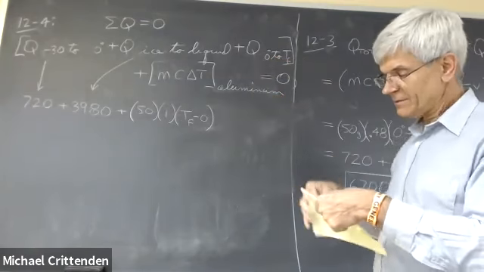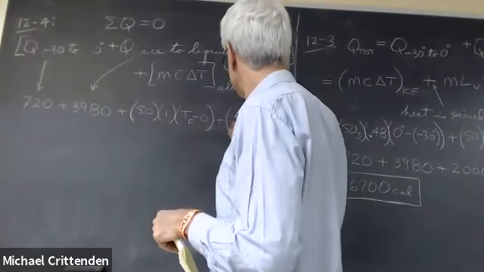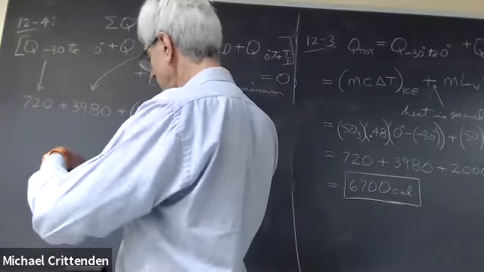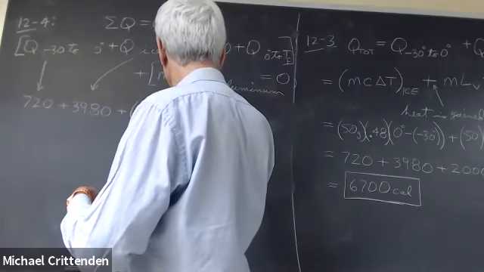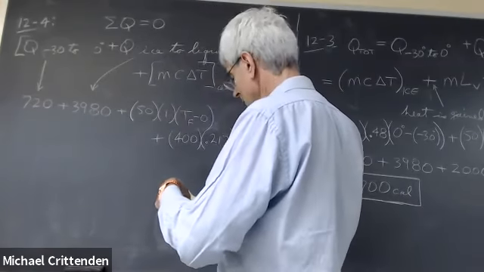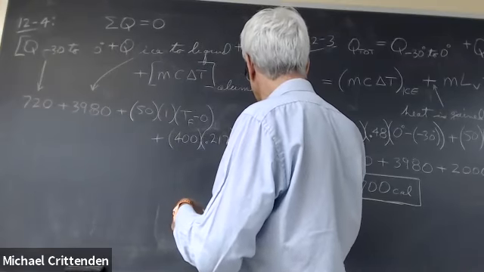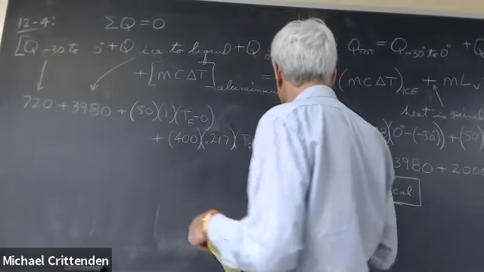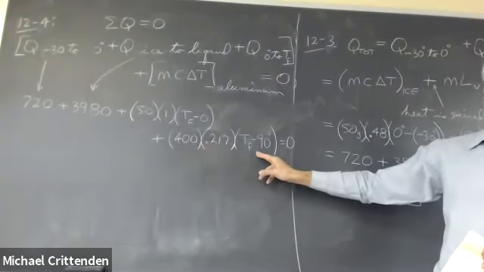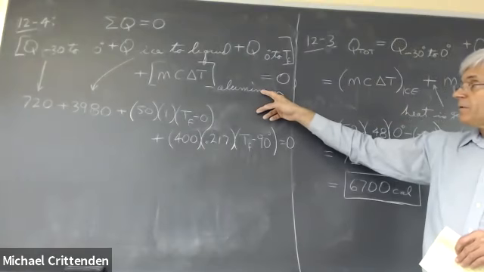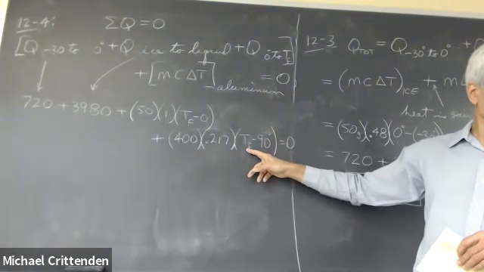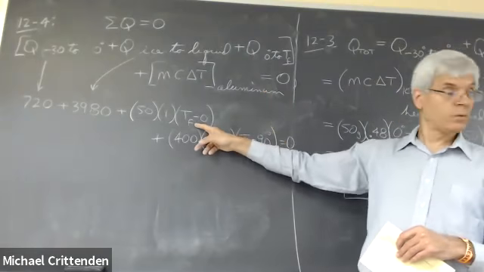For the aluminum, maybe I should get a little more space. MC delta T for the piece of aluminum that started out at 90 degrees and cools off to the same equilibrium temperature the water warms up to.